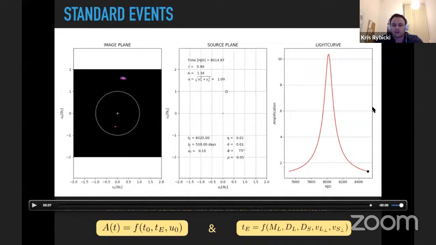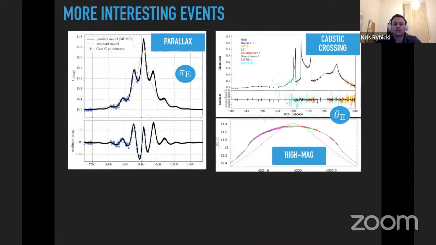So to look, for example, for lens masses or distances, we need to find other effects, some special signatures in the light curve. So, for example, the parallax can be helpful.